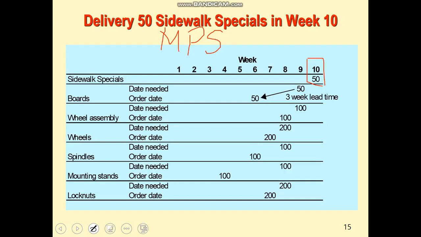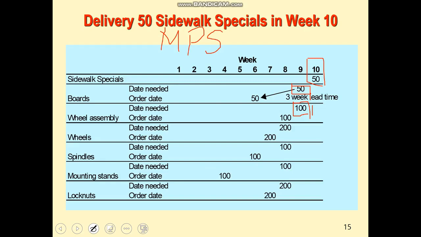So here the lead time for the sidewalk special is 1 week, so you need to have the fiberglass board and the wheel assemblies 1 week in advance. It means 50 fiberglass boards and 100 wheel assemblies have to be ready in week 9.